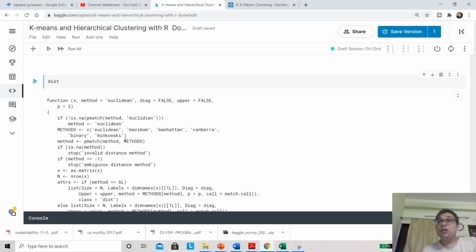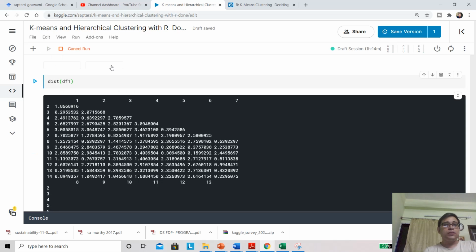Not only that, you can have your own custom distance measure, prepare the distance matrix, and give that as an input. You can also quickly look at the distance of df1 and see how the result will be. As it is a symmetric metric, you don't have these entries. This just tells you that 1 and 2 have this much Euclidean distance, and so on and so forth.